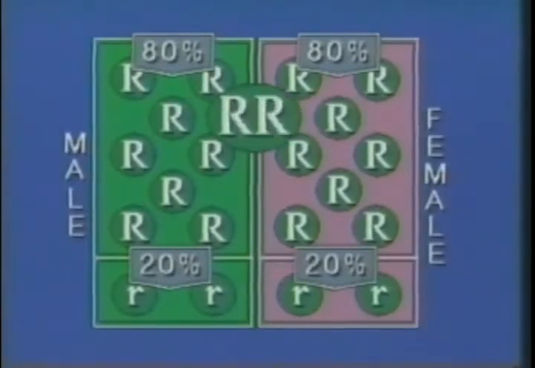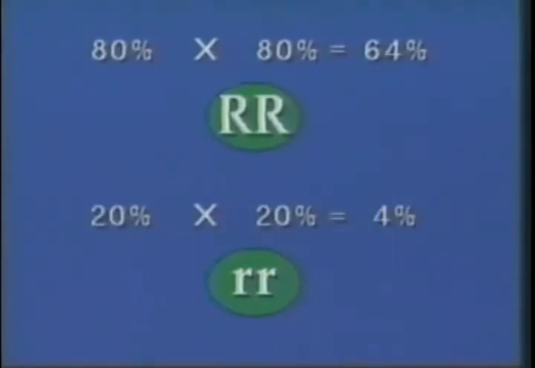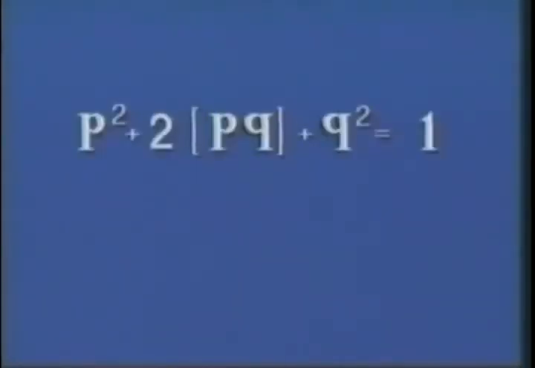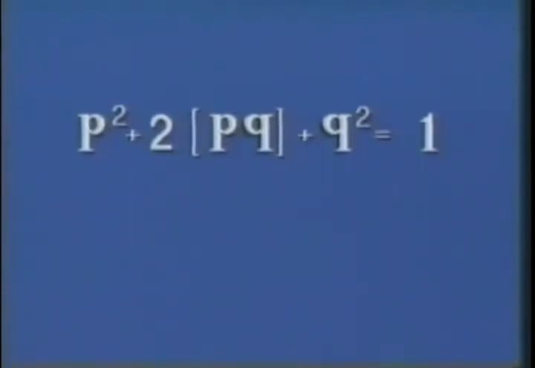The chance of a dominant coupling is determined by multiplying 80% by 80%, rendering 64%. A recessive coupling involves the same mathematical exercise to produce 4%. This is, of course, exactly what is expressed by the theorem where P equals 80% and Q equals 20%. We'll tidy up the math and return to graphic form.